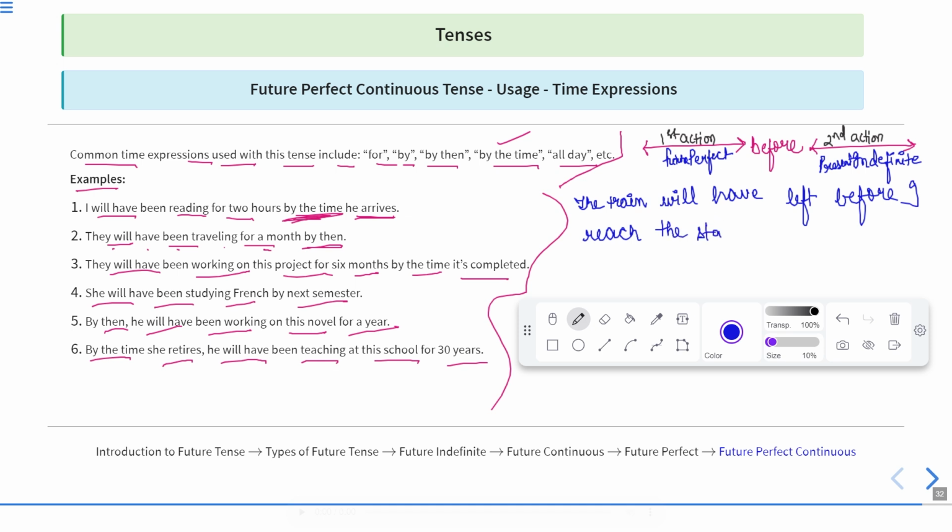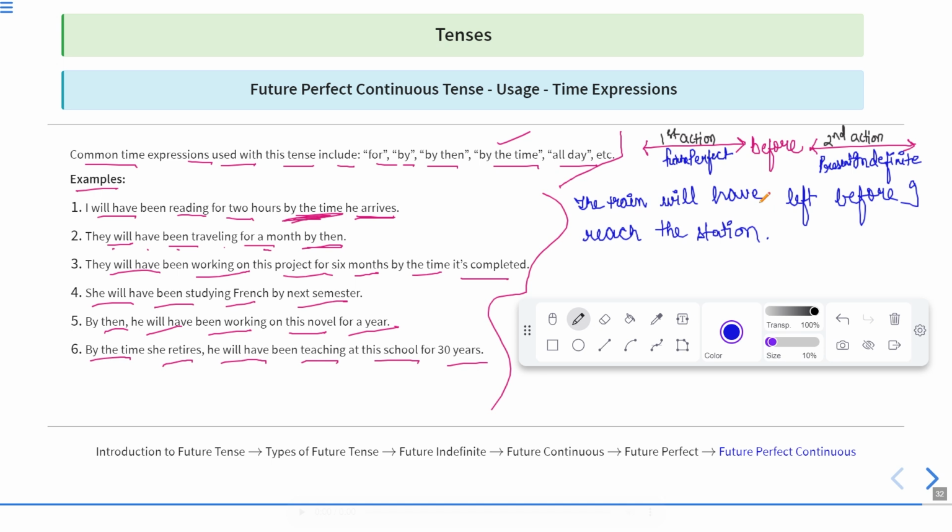Okay, this is the sentence. Before I reach the station. So the train will have left before I reach the station. Now this sentence shows that the train will have left is future perfect tense, and before I reach the station is the present indefinite tense. Okay, so these 2 tenses combine to show the complex sentence that can be made in future using future perfect and present indefinite tenses.